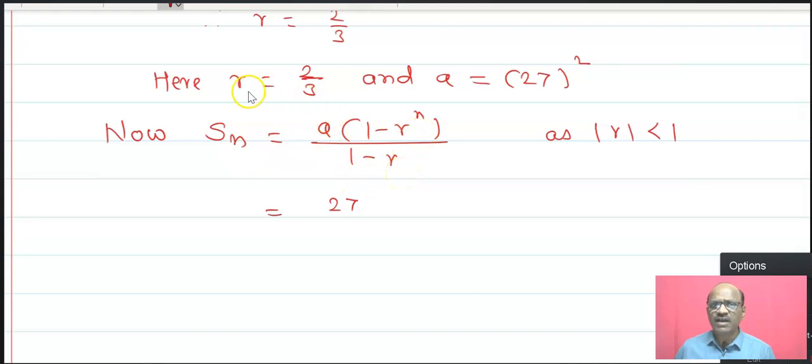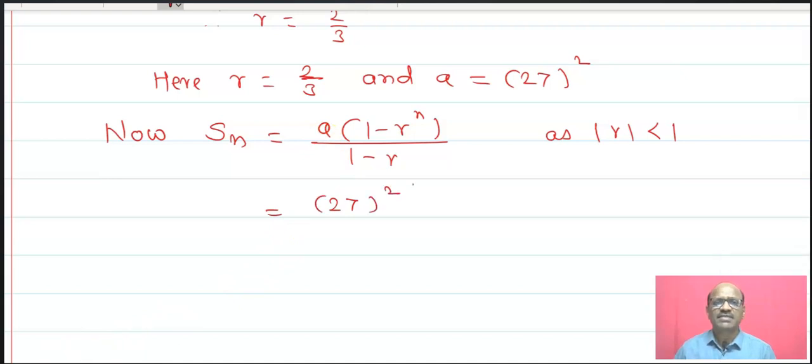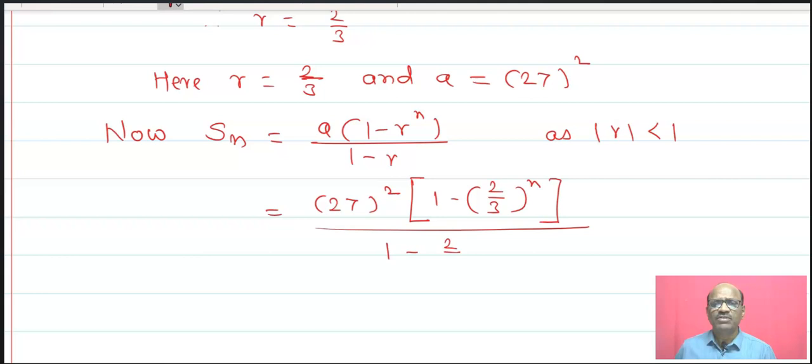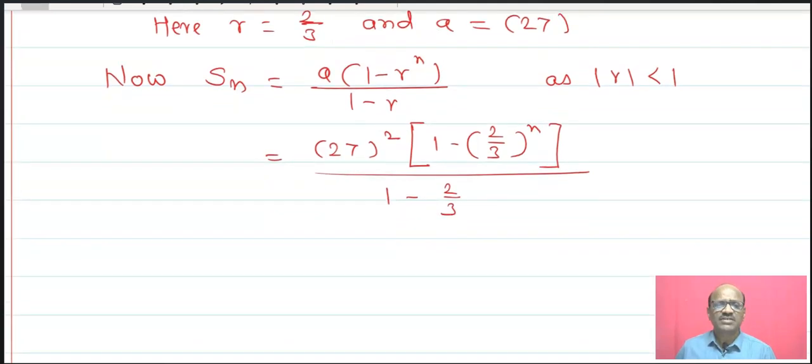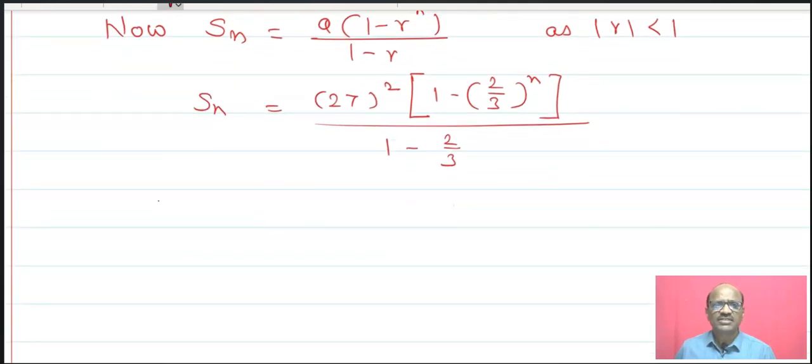The value of r is equal to 2 upon 3, which is less than 1. Therefore, here again we will substitute the value of a and the r. That is 27 raised to 2, (1 minus (2 upon 3) raised to n) upon 1 minus r, which is 2 upon 3.